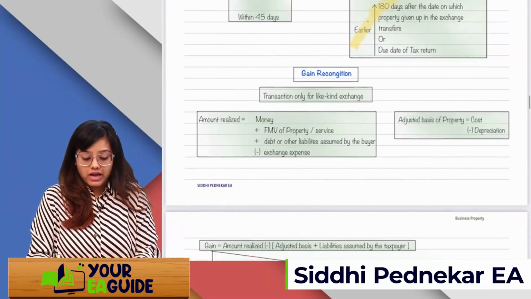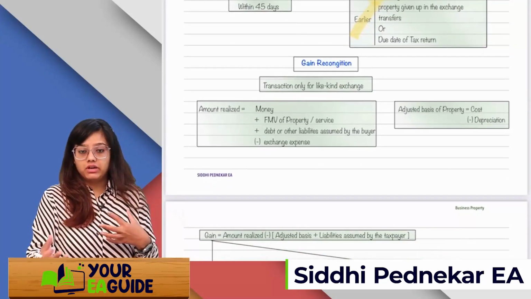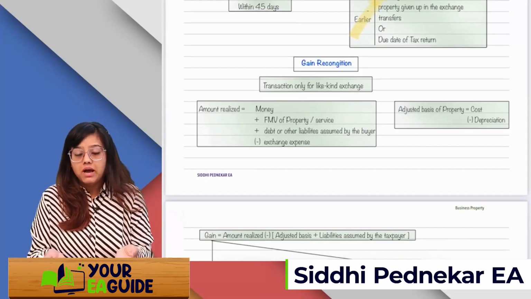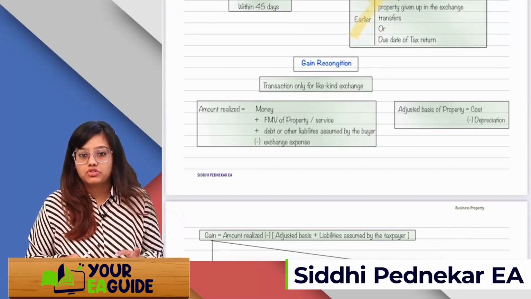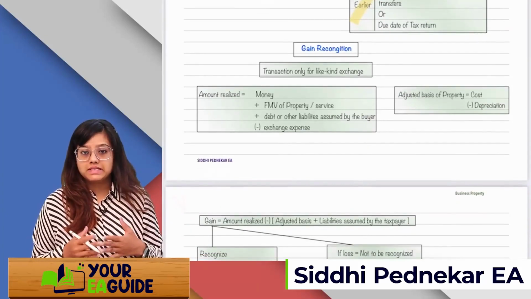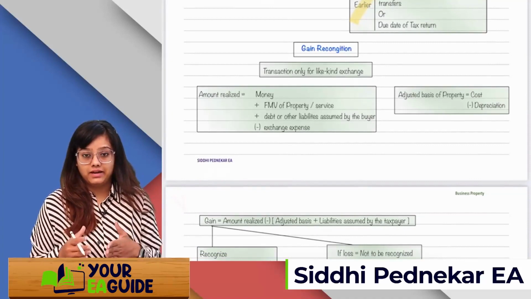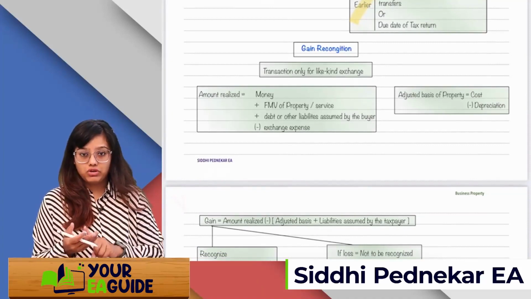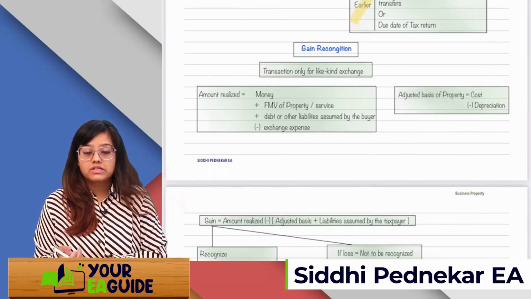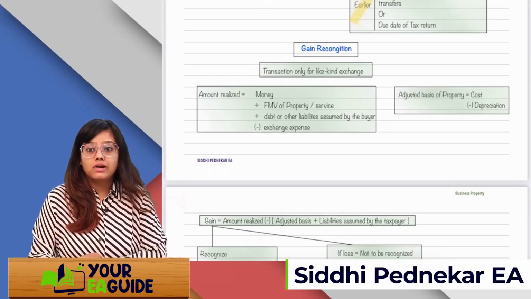Transaction only for like kind exchange, receiving and giving up. So it's just a like kind exchange, meaning similar property you are giving up and similar property you are receiving. How will you do it? First take your amount realized: whatever money you have realized, plus the FMV of the property or services which you are receiving.